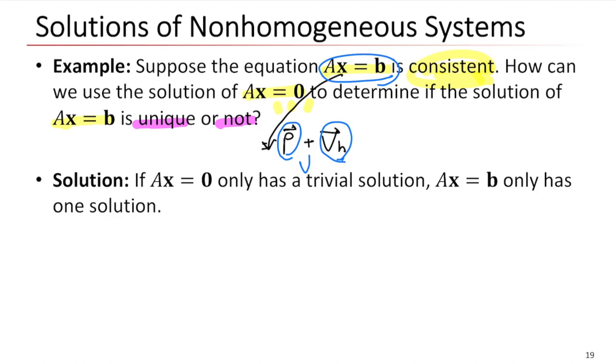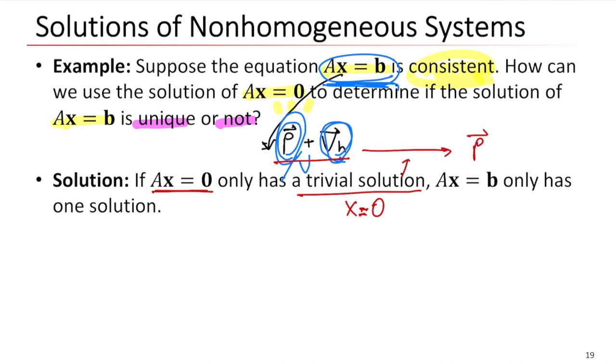But if there is no non-trivial solution, and there only exists a trivial solution, in this case the solution of this one is just p, right? So if the homogeneous system Ax = 0 only has the trivial solution x = 0, then in this case it will be just p, right?